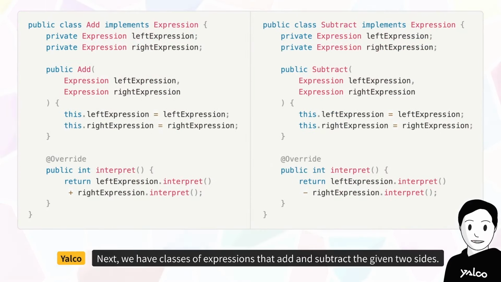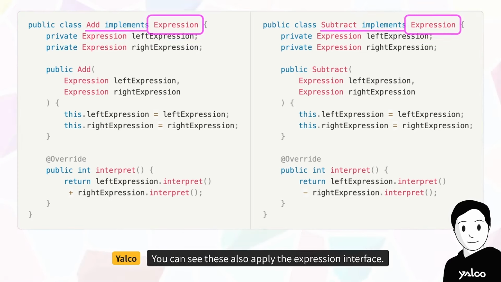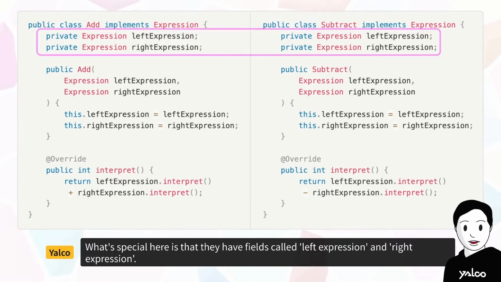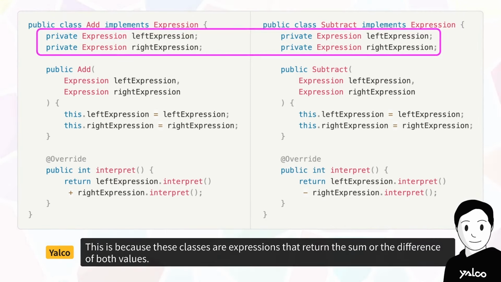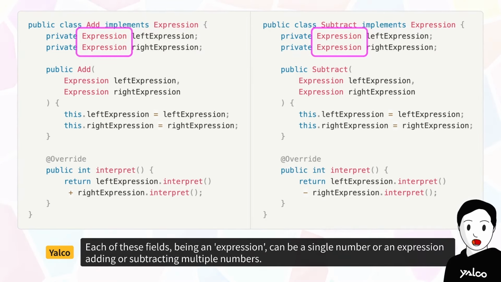Next, we have classes of expressions that add and subtract the given two sides. You can see these also apply the Expression interface. What's special here is that they have fields called left expression and right expression. This is because these classes are expressions that return the sum or the difference of both values. Each of these fields, being an expression, can be a single number or an expression adding or subtracting multiple numbers.